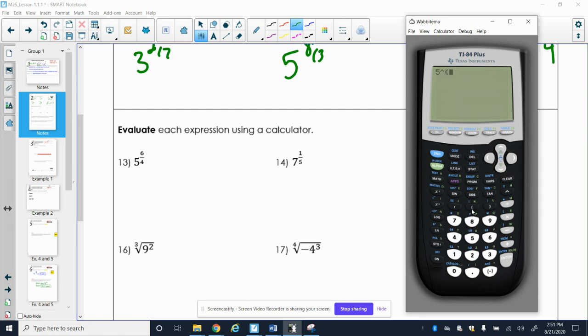I'd have to put parentheses 6 divided by 4. If you have a newer TI calculator, the newest versions actually raise, instead of putting that caret key, it actually raises and looks like an exponent. Then you wouldn't need to do those parentheses. But if you have a model like this, you'll have to put parentheses around the exponent. So we end up getting 11.1.